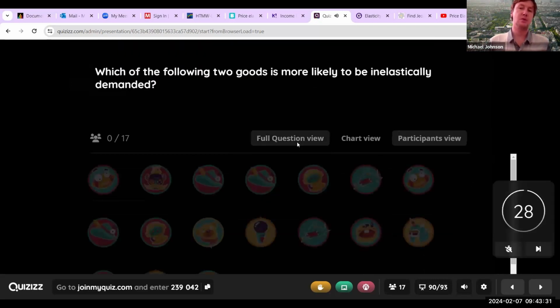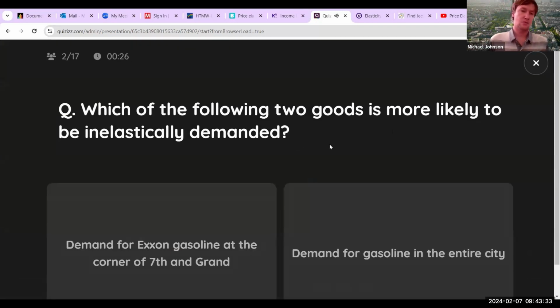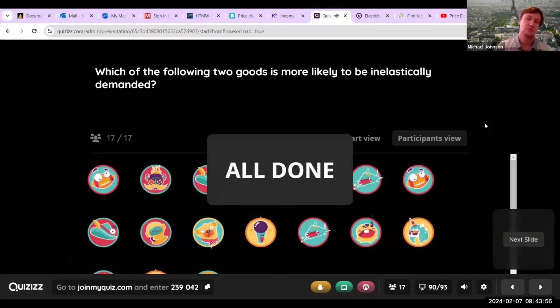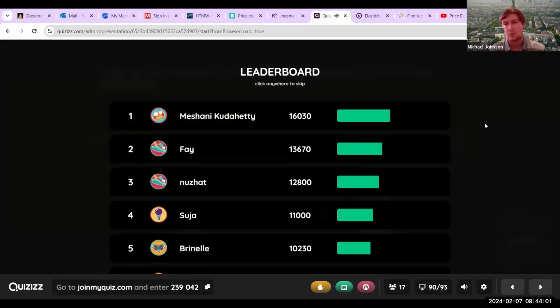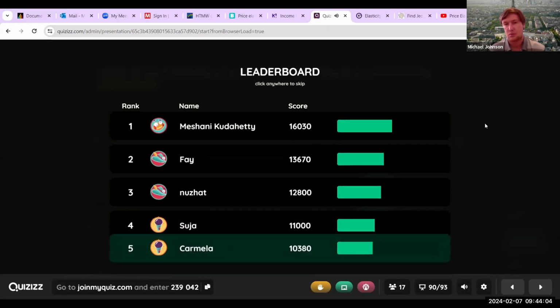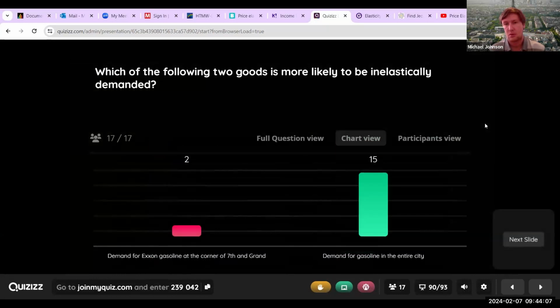Which of the following two goods is most likely to be inelastically demanded? Demand for gasoline in the entire city. Yes, excellent.